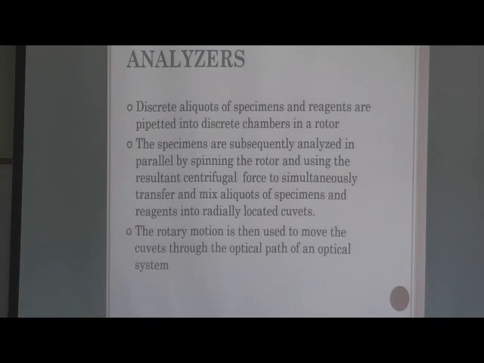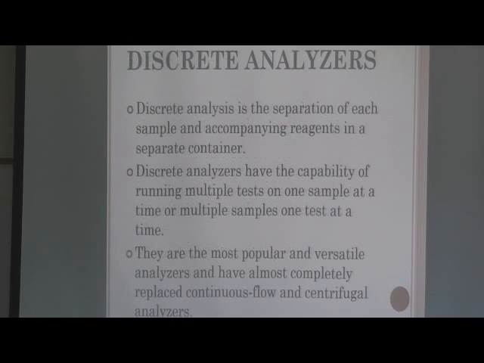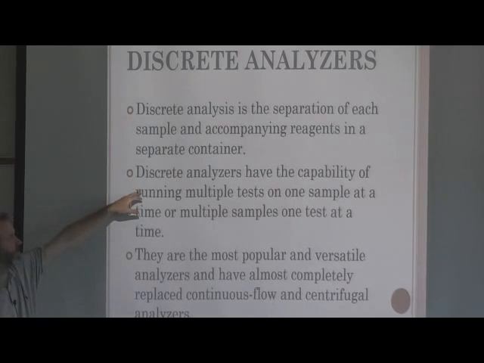So the samples are in there, they spin, and the reagents and everything are added, and it all goes into the cuvette. And then the cuvettes move through the optical path of an optical system, and you measure the absorbance that way. So a little bit better.